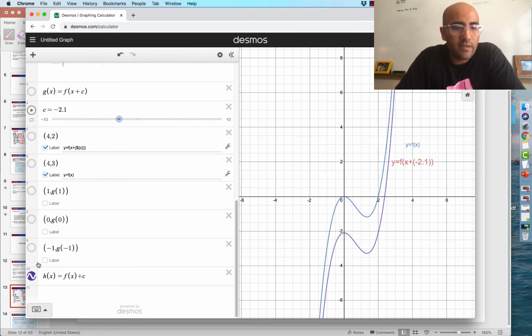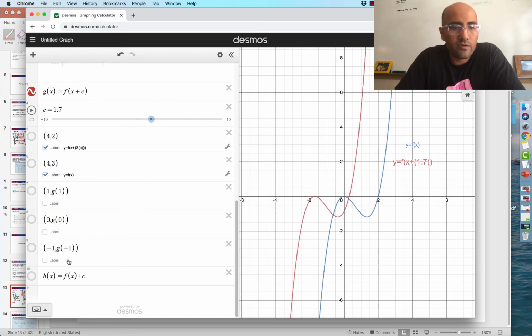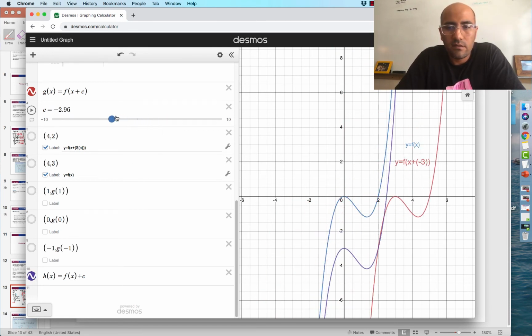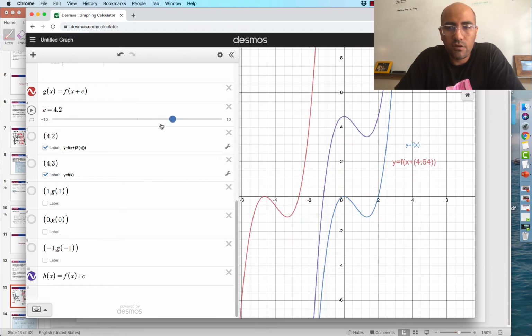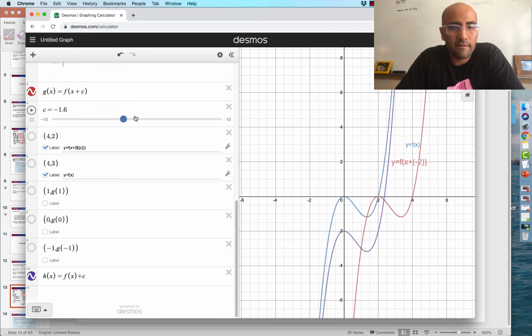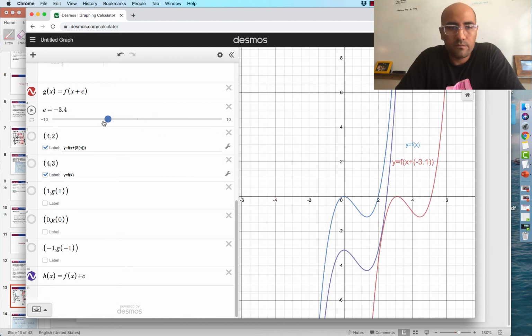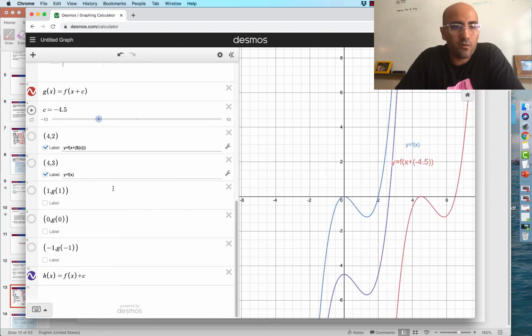On the other hand, if we are adding a constant inside the argument of the function, then that would mean that we are shifting it left and right. Left and right versus up and down, depending on whether we're adding the constant inside the argument of the function or on the outside of the argument of the function. Good. Cool. Hopefully that made sense.